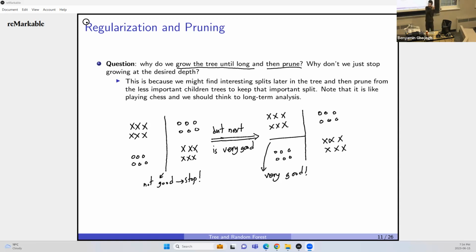Exactly, because of the long-term reward that we talked about. Because you don't know what you will see several steps ahead. So go until the end, see everything, and then come back. Explore the world, and then come back. Okay? That's the reason.